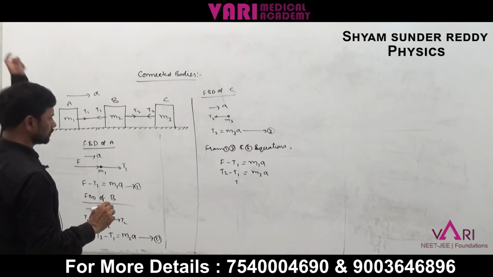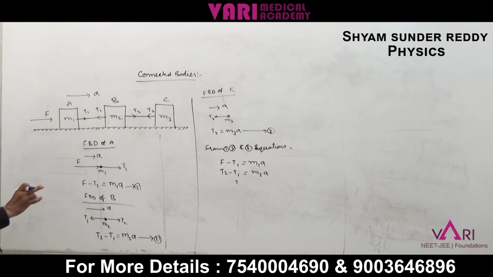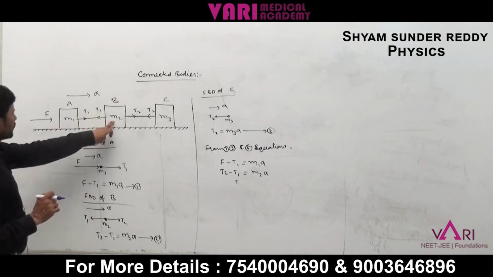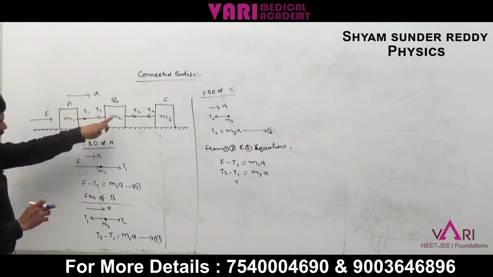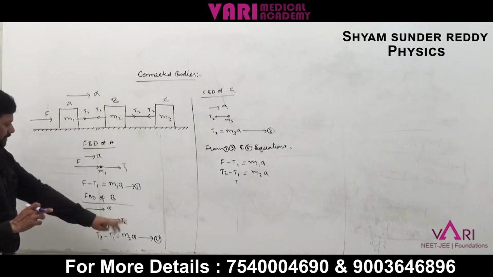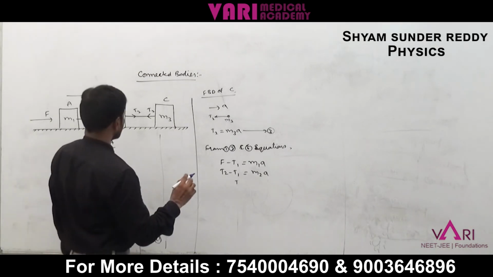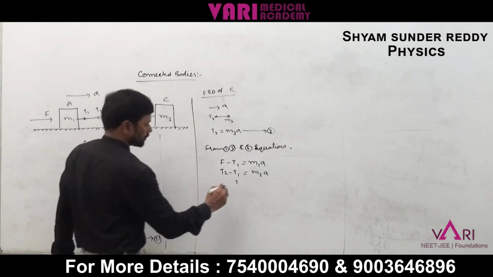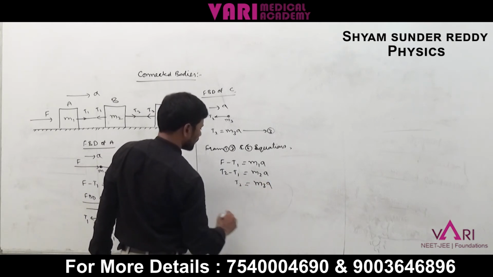Here some mistake. For M2, here this is T1 and here it is T2. T2 minus T1 is equal to M2A, and T2 is equal to M3A.